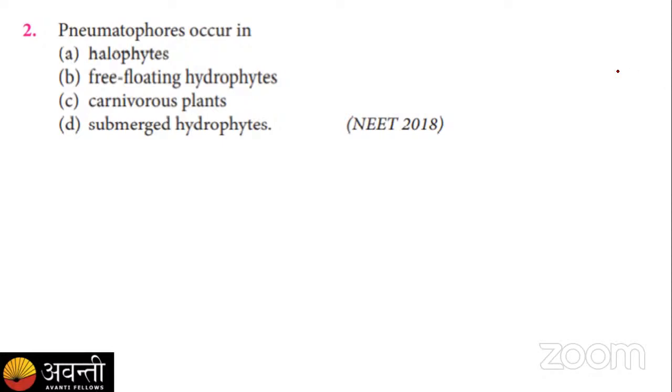So let's check. As I said, pneumatophores are the cone-shaped, spiky roots which have negative geotropism, right? They grow against gravity, taking a U-turn from the ground and growing upwards.